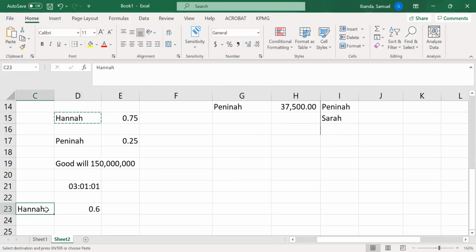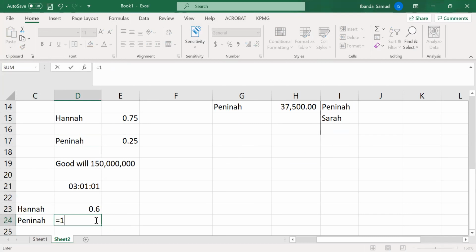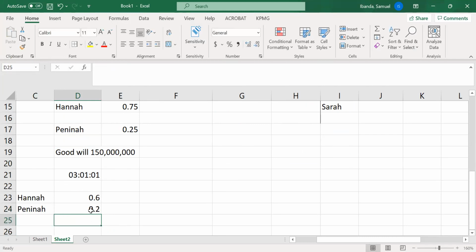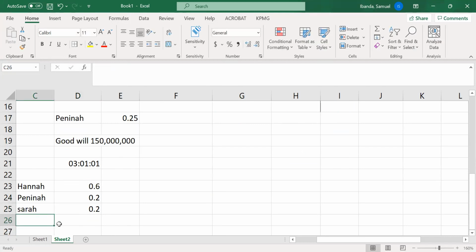So Hannah will have 3/5, Penina will have 1/5, and this will also be 1/5 for Sarah. After getting that, we look at the sharing of the 150.